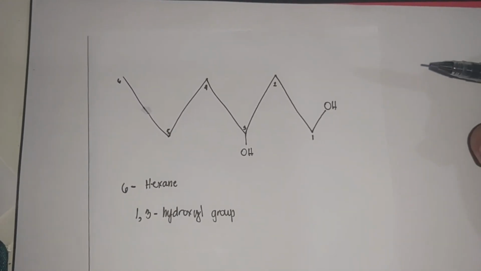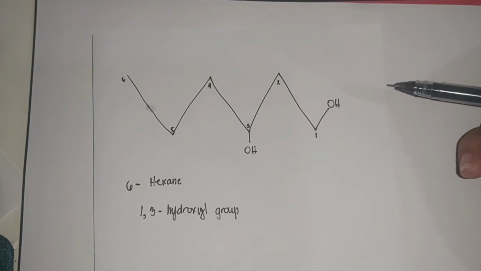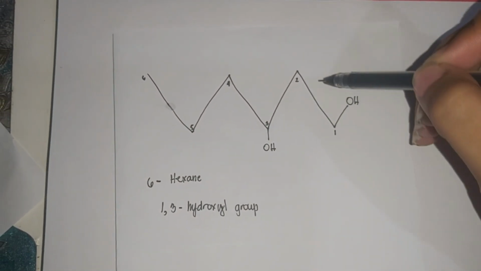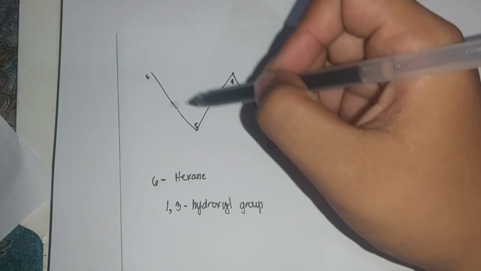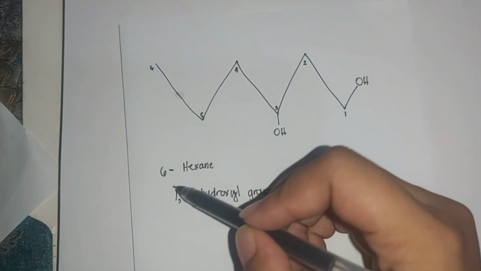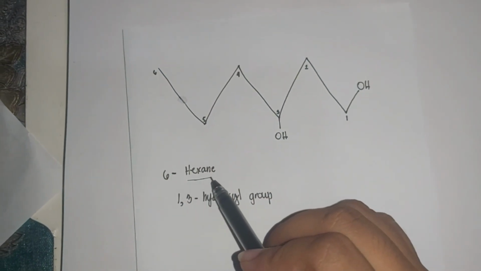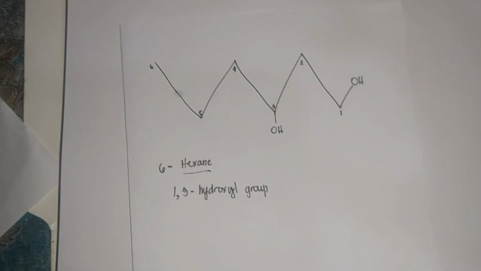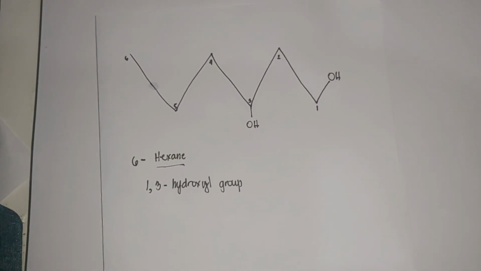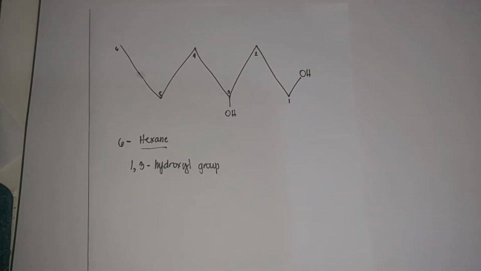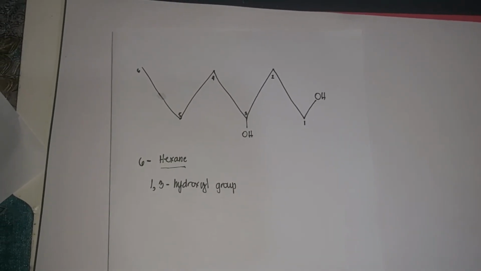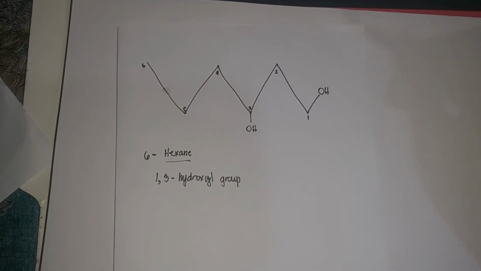Step 1 is to find the longest chain or the parent chain. So we have 1, 2, 3, 4, 5, and 6. 6 carbons is named hexane. Step 2 is to number the carbons in the longest chain.